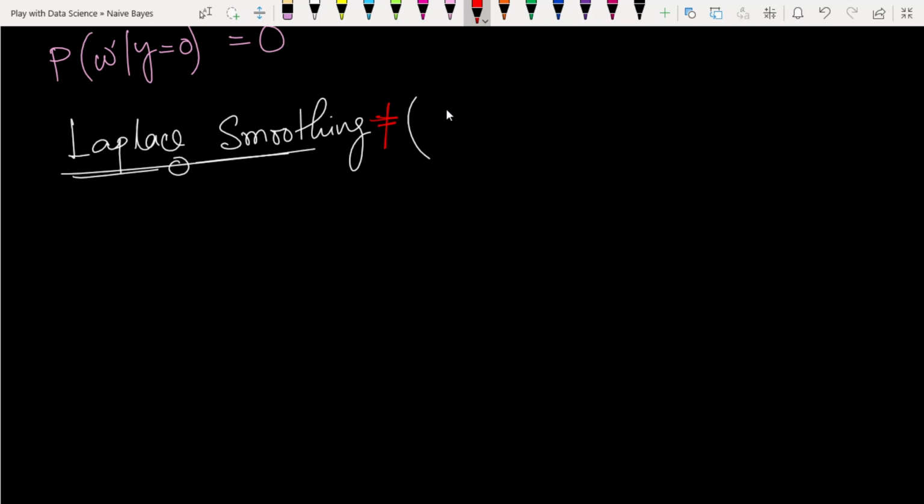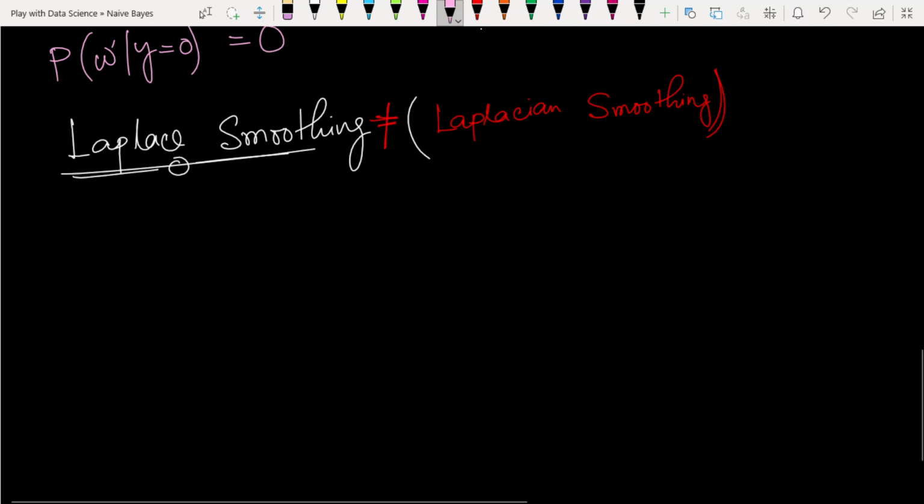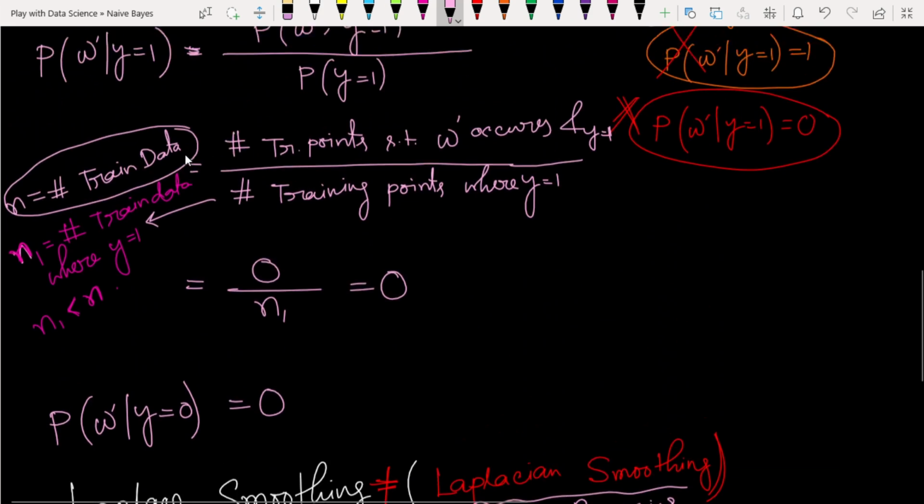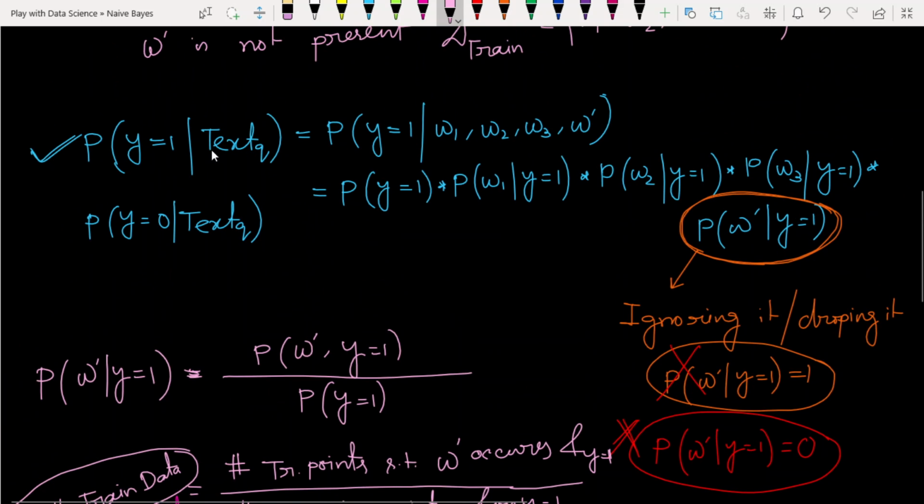These two things are not equal. Laplacian smoothing is used in the image processing chapter, but simple Laplace smoothing is used in Naïve Bayes to get rid of the unknown word problem.